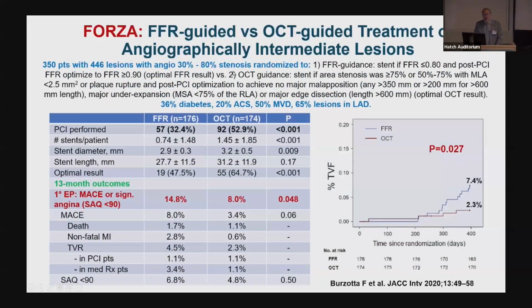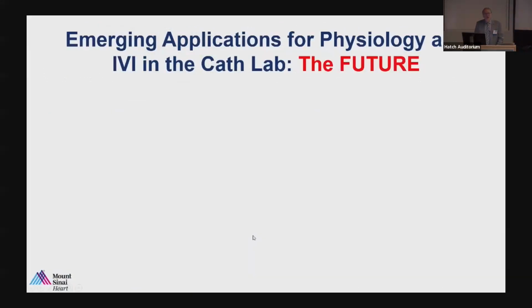In the FORZA trial that was published in JACC Interventions, it was a smaller study, but 350 patients that they randomized to OCT for lesion selection with OCT optimization versus physiology. And you could see there were actually better results with OCT guidance, lesion selection plus optimization compared to just physiology. So that's kind of what we do today in the cath lab.